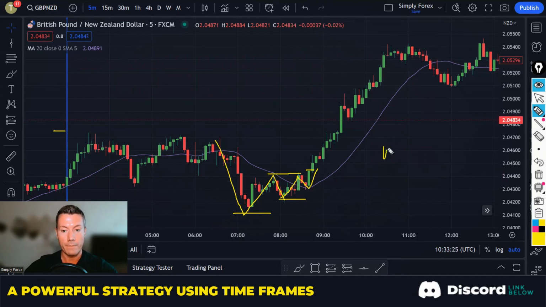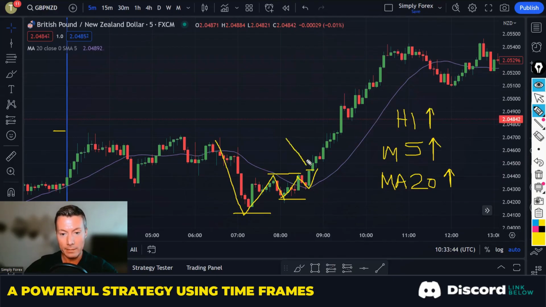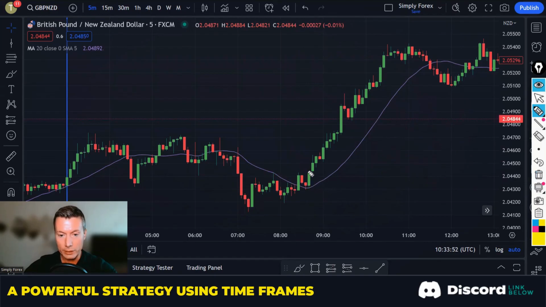So 5-minute uptrend, we're above the moving average 20. Remember our H1 was in an uptrend. So at this point here, that ticks all of the boxes, ticks this, ticks this, ticks this. So we can enter on this trade.